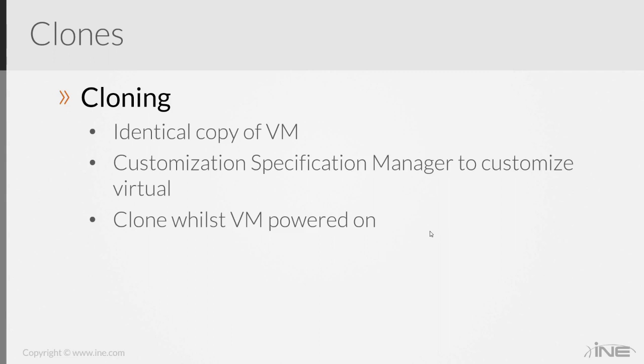So for example, each new machine that we clone could have a different IP address, host name, and license key to just make that VM unique. Okay, so we'll go through the process in a little bit to create a customization specification, and following that we'll do a cloning operation and attach those customized settings that we would have created.